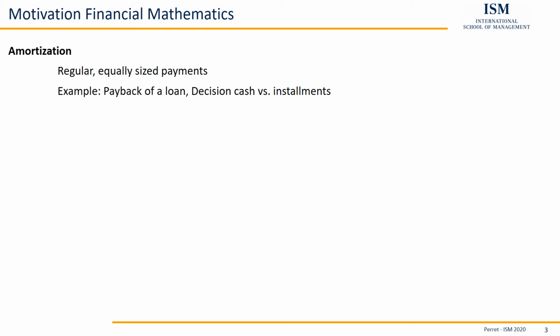You can also use this to make a decision: should I pay for something in cash, for example by getting a loan for the investment, or should I pay in installments?